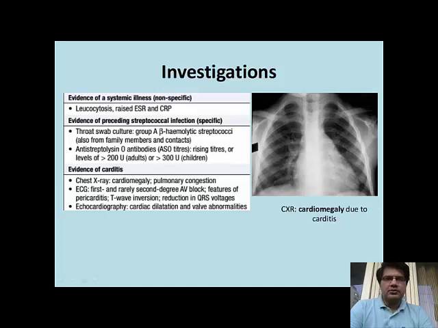For evidence of systemic illness, you will do CBC, complete blood count, where you will see fever, high TLC, high CRP. Then you will have evidence of preceding streptococcal infection, either by ASO titer or by a throat swab. As I told, it is positive in only 20% of the cases. And then you will document the evidence of carditis either via X-ray, ECG, or an echo.